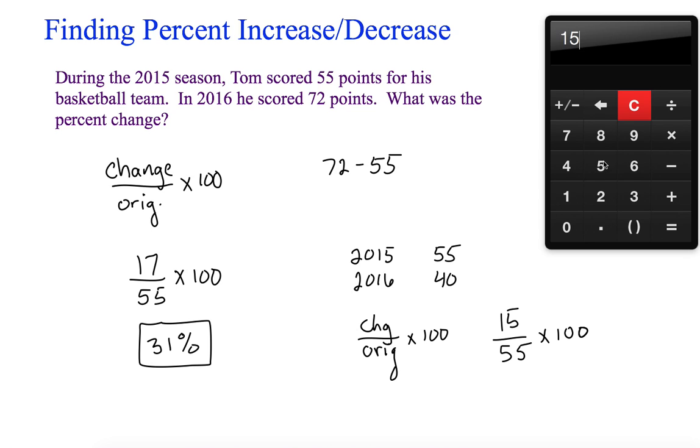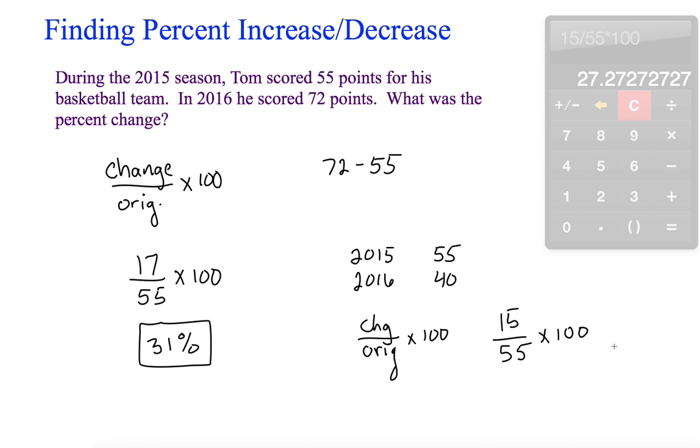We're going to do 15 divided by 55 times 100. So it's going to be a 27% decrease.